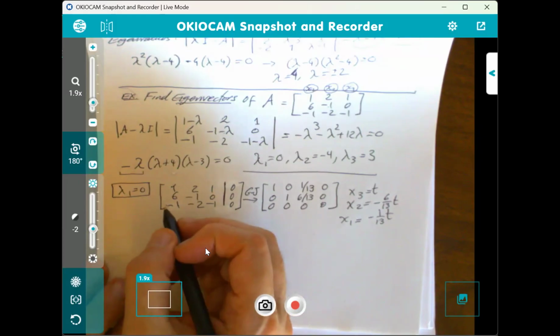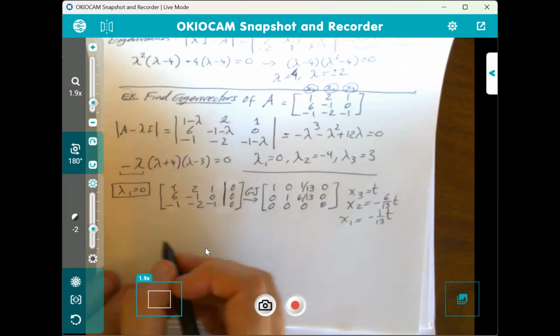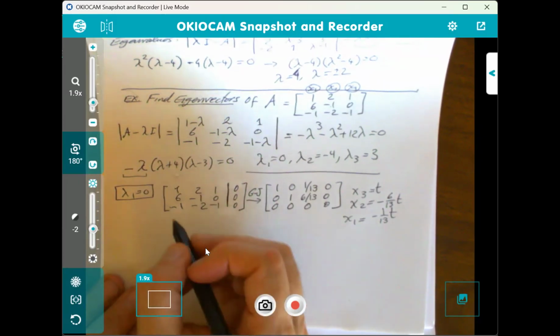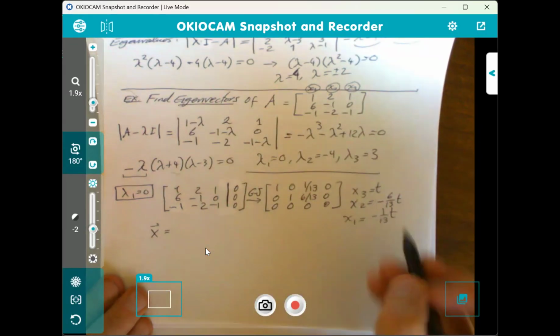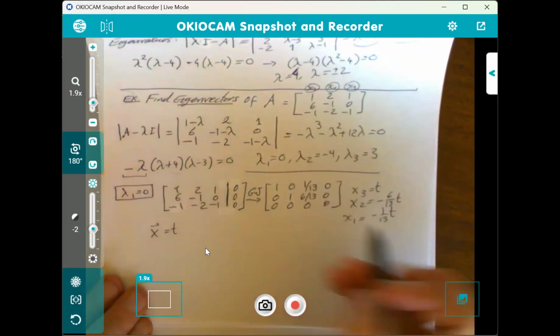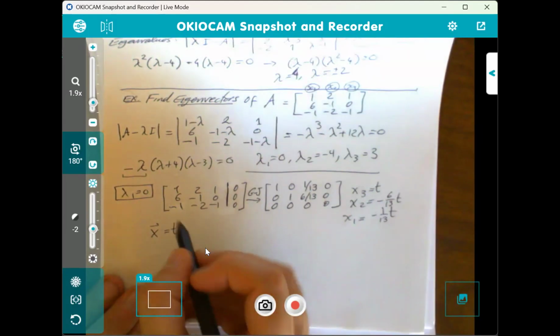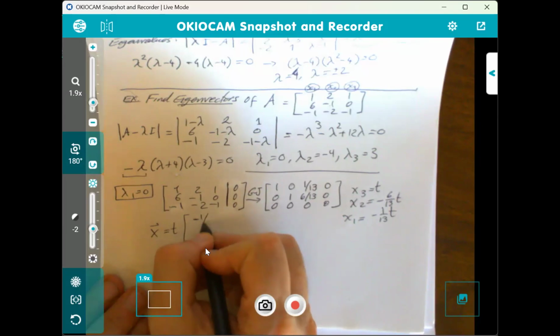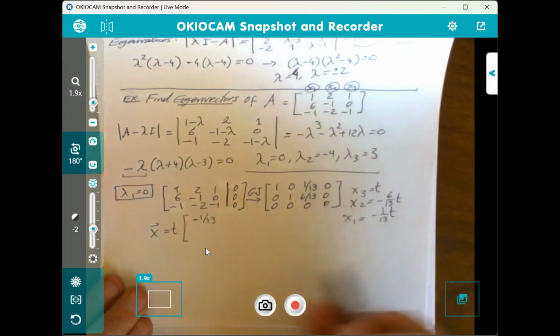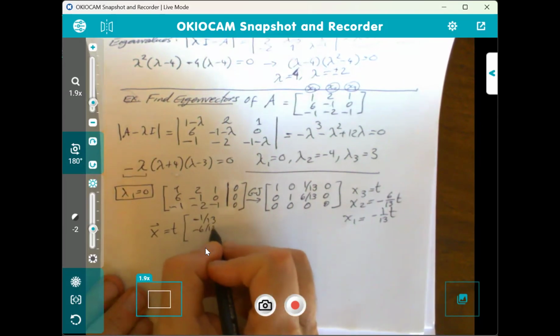So then what is this thing going to look like? Then I'm going to write my x as, factor the t out, x1, x2, x3, and put them in order. Factor the t out, so I get negative 1/13. X sub 2 is negative 6/13, and x sub 3 is 1.